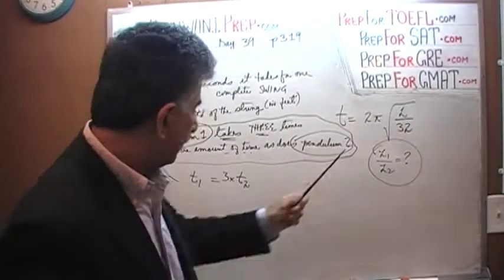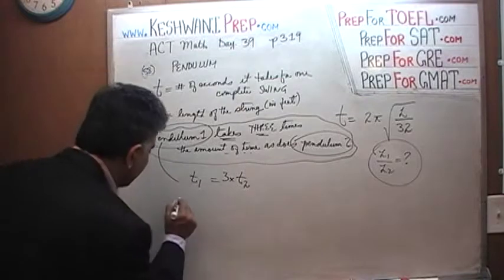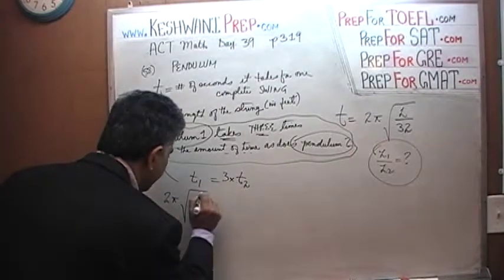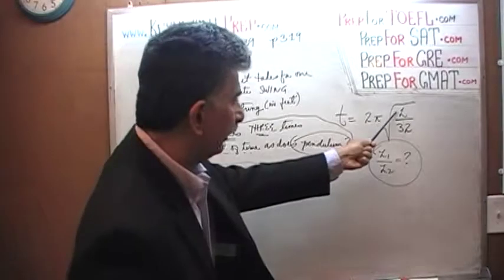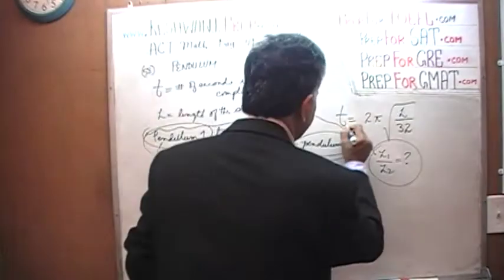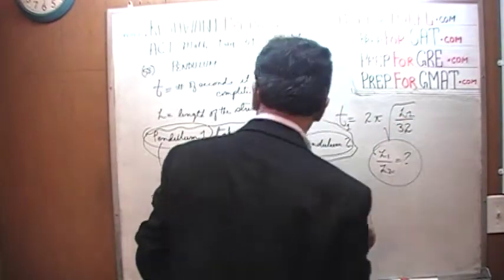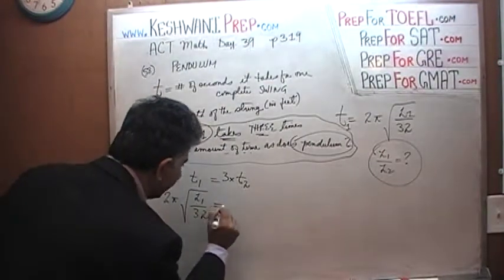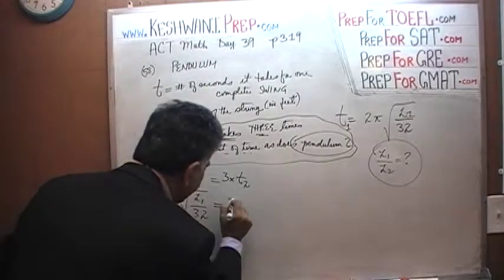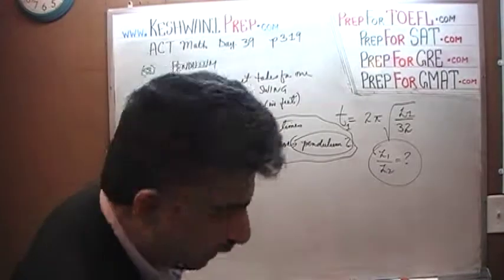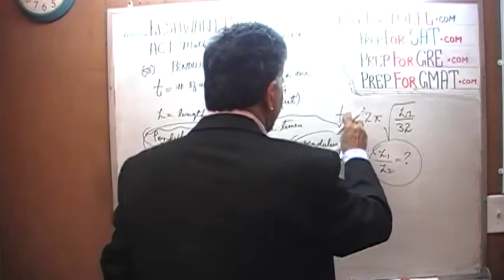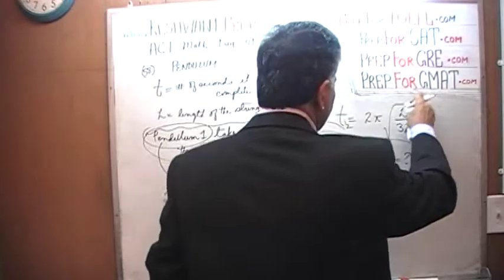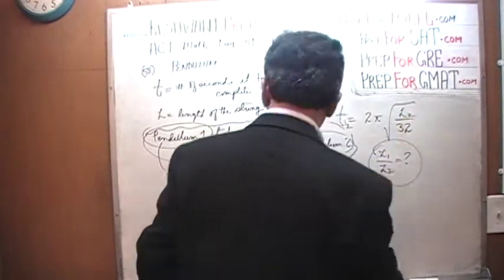So T1 is equal to 2 pi times the square root of L1 over 32, which equals 3 times the other guy. T2 uses L2.